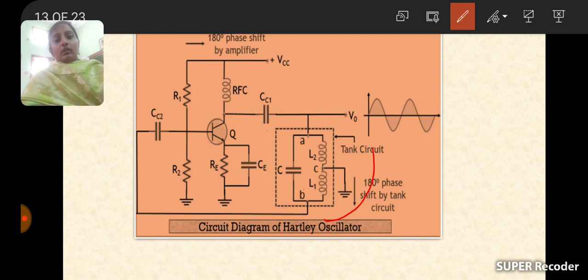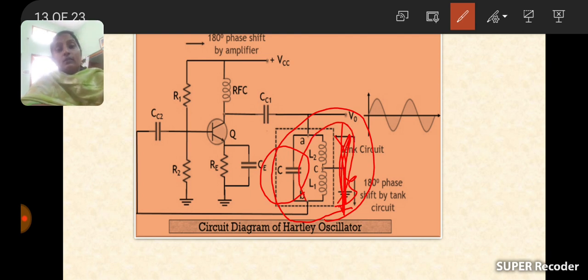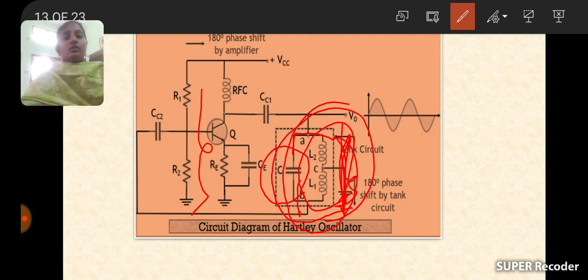Okay, how is the tank circuit made? It is made with two inductors and one capacitor. The inductors are internally connected in series, and the series combination of the two inductors L1 and L2 is connected to the capacitor to form the tank circuit. And here two resistors are used for the purpose of biasing, so it is a potential divider biasing network.